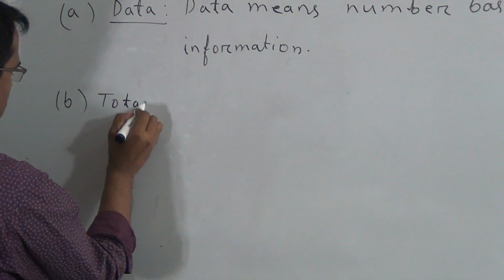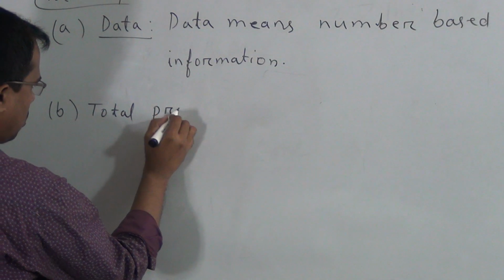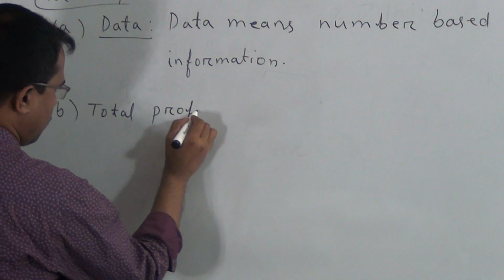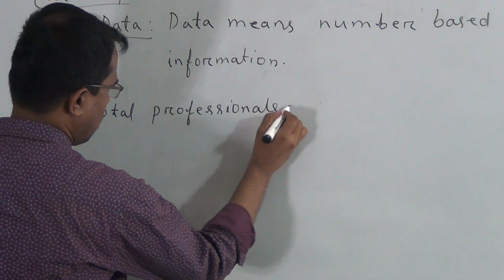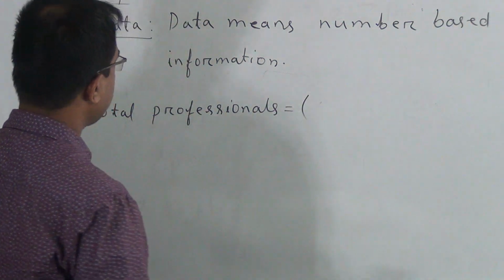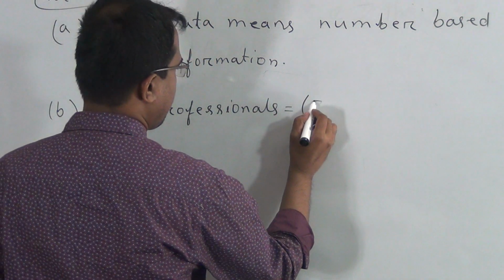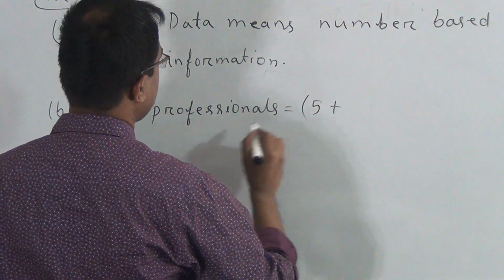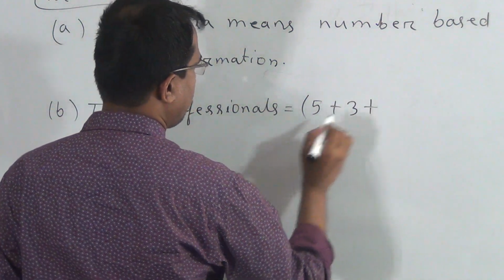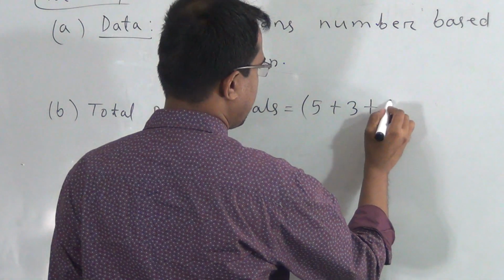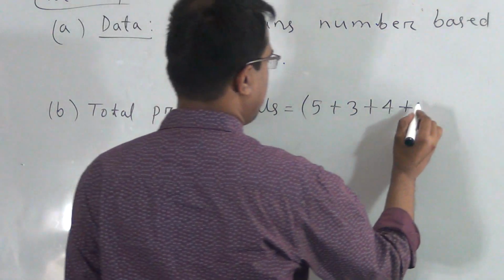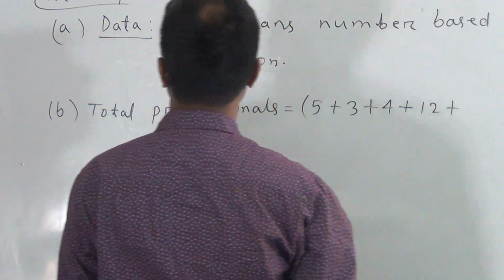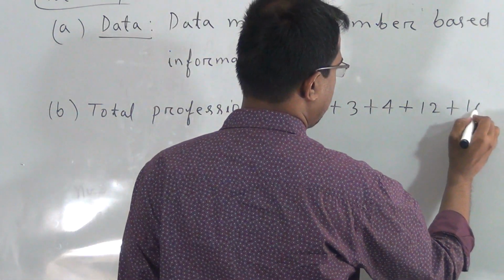Total professionals is equal to 5 doctors plus 3 engineers plus 4 advocates plus 12 businessmen plus 16 service holders.